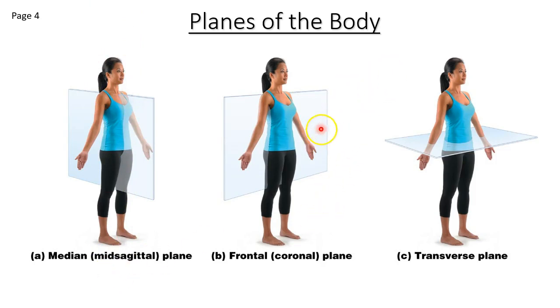And then the frontal or coronal plane, we're basically cutting her in half the other way. And then the transverse plane is just separating the top and the bottom. These are pretty easy. Just make sure to memorize them.